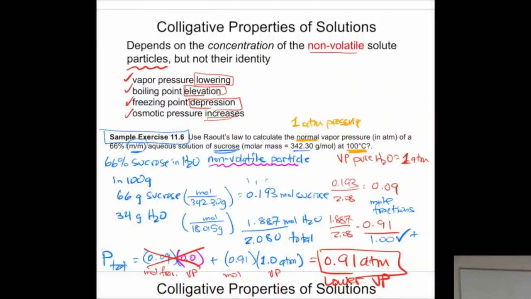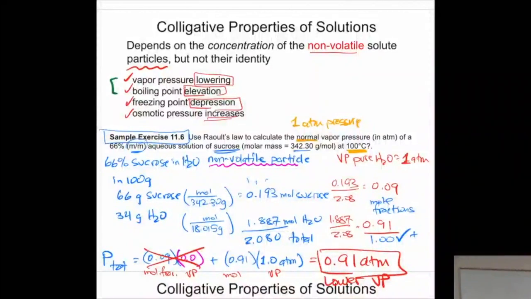All right, we talked about Raoult's law, and we showed mathematically why it is that the boiling point is elevated. It's because the vapor pressure gets lowered. Those two are actually tied together. Raoult's law shows us mathematically why the vapor pressure gets lowered when we add non-volatile particles.